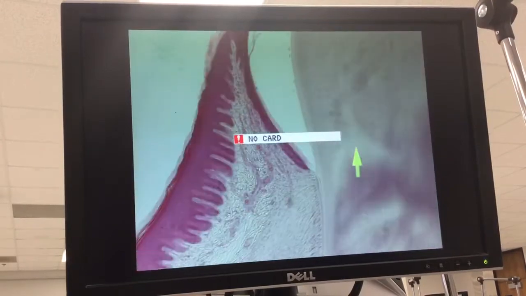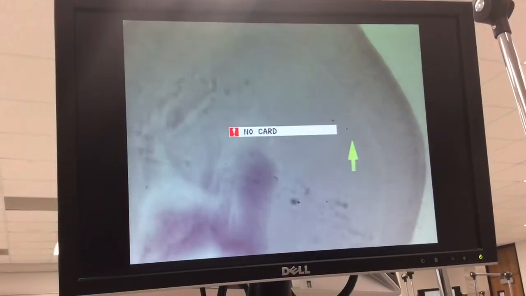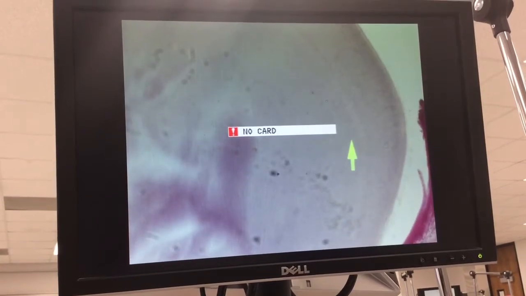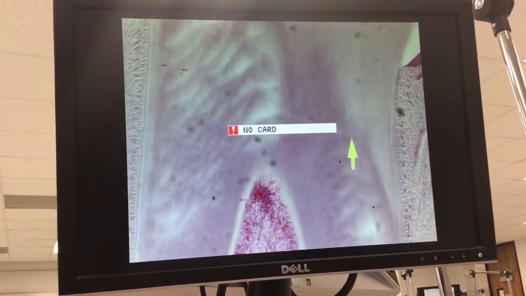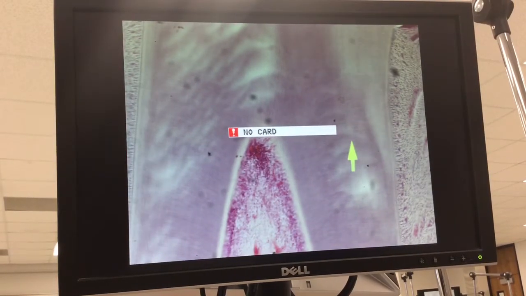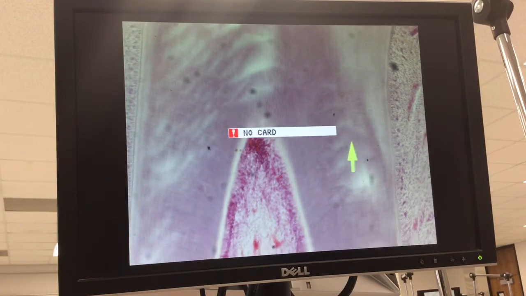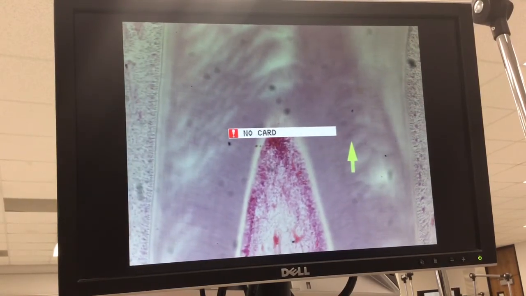And sometimes, when you will see that on another slide, as you get up towards the crown, sometimes they show up a little bit better as they curve around the crown. But we can see the dentinal tubules and realize that those lines of von Ebner are just about at right angles to the dentinal tubules.